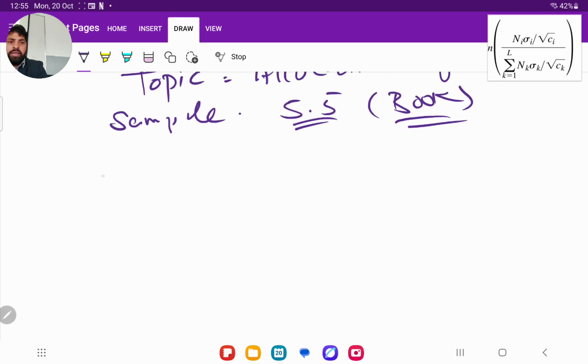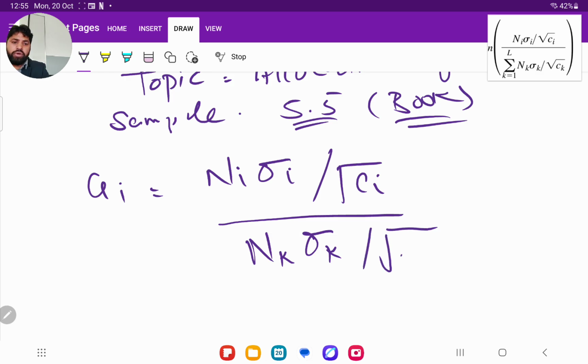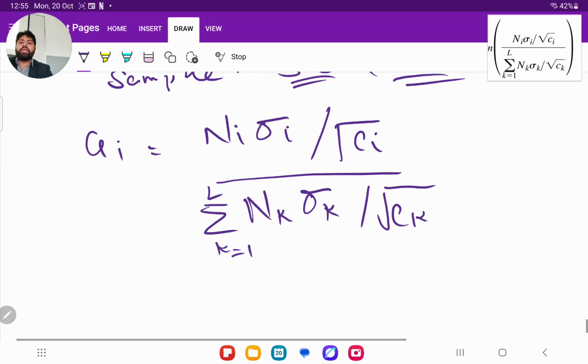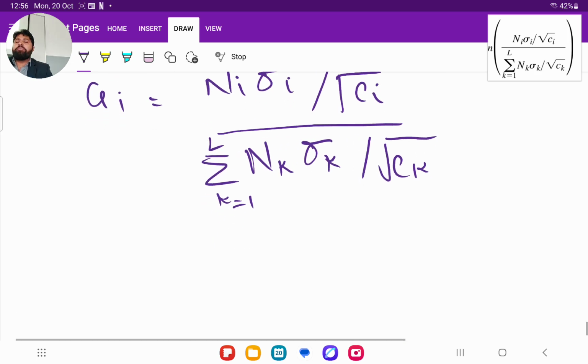So Ai is equal to Ni sigma i over square root Ci, divided by the sum of Nk sigma k divided by square root of Ck, where the sum goes from k equal to 1 up to L. This is the formula, and now we'll apply it.